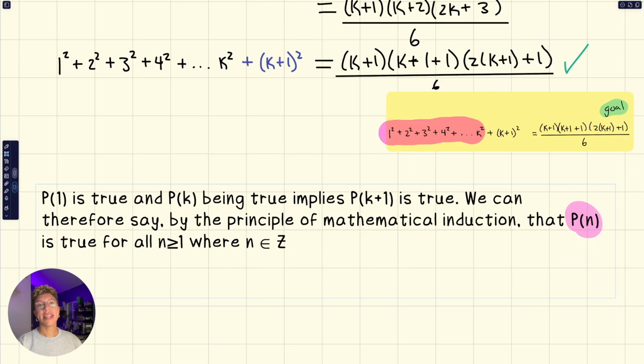We say our base case is true. Our inductive step is true whenever our inductive hypothesis step is true. Therefore, by mathematical induction, this is true for all n from 1 or greater within the set Z. And in this case, we could say here that this is Z plus.